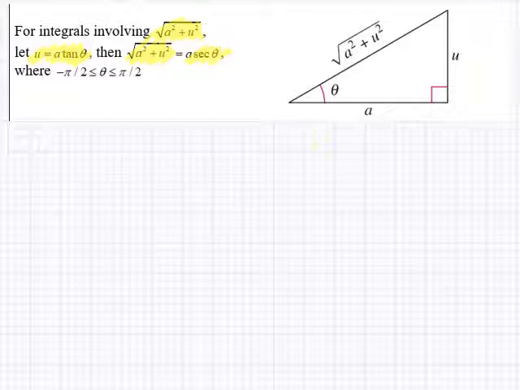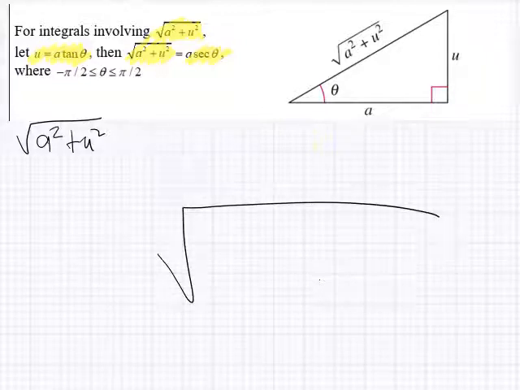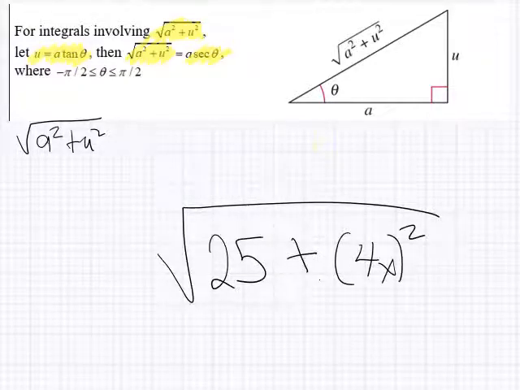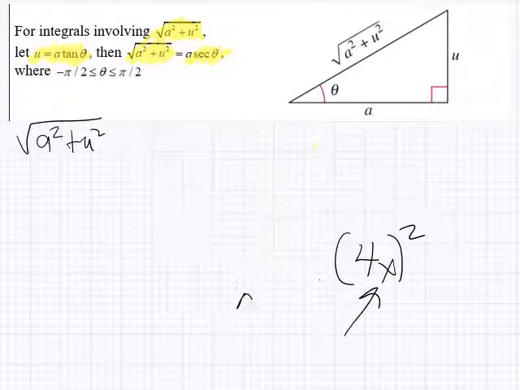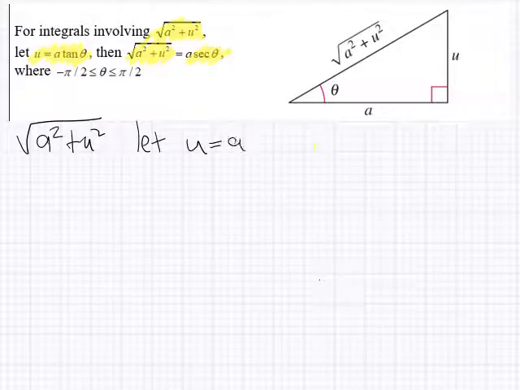Why? Well, for the same reason. If I was to look at this square root, a squared plus u squared, again, a is a constant, u is a function of x. So think, I don't know, the example would be the square root of 25 plus 4x squared, something like that. A would be 5, u would be 4x. So anyway, if I were to look at this, and I was to let u now, instead of equaling a sine, let u equal a tan.